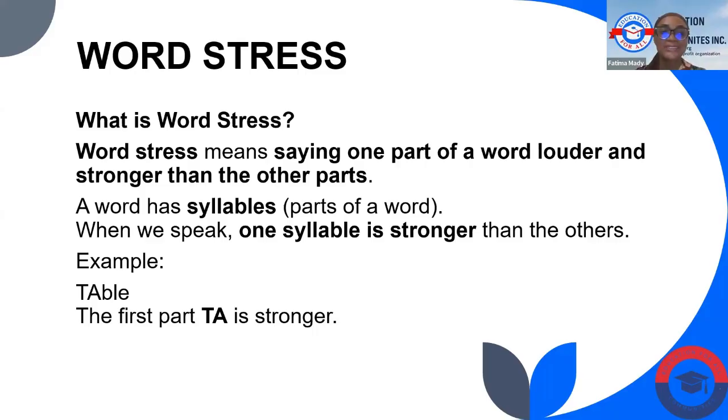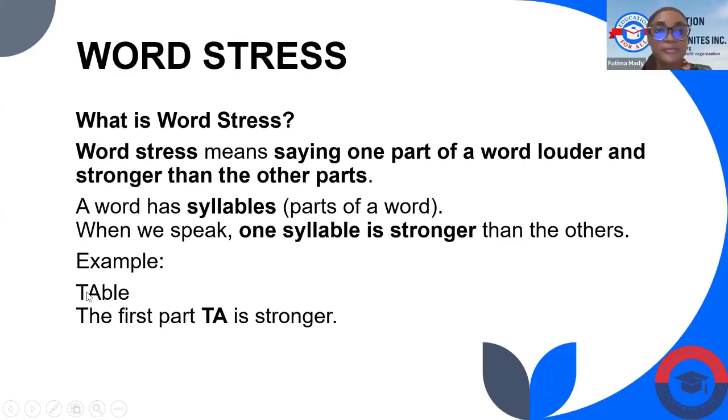You see, I'm putting extra effort into saying one part of the word. Table. So that's the stress. The stress is on the first syllable. The stress is here, on TA. That's where the stress is.